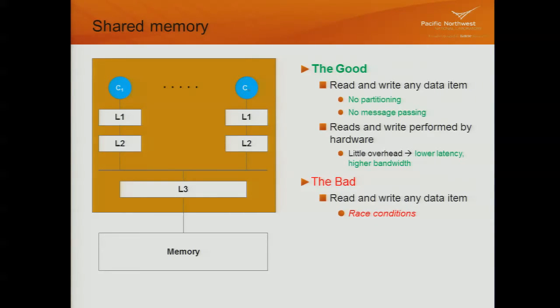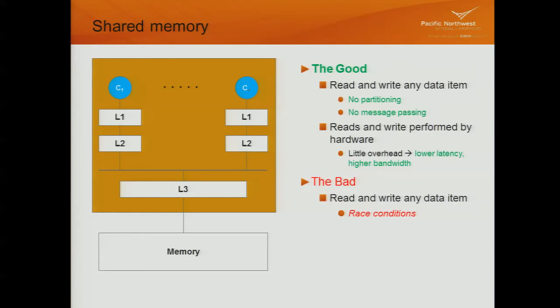There's good and bad when you come to shared memory programming. The good is that any processor, any core, any thread can read any data item. If I have a shared memory view of the world, then I don't need to do any data partitioning, and I don't have to do any message passing. I can have every thread simply read and write what it needs. Even in the distributed memory world, this is becoming recognized as the easiest way for programmers to write parallel codes.